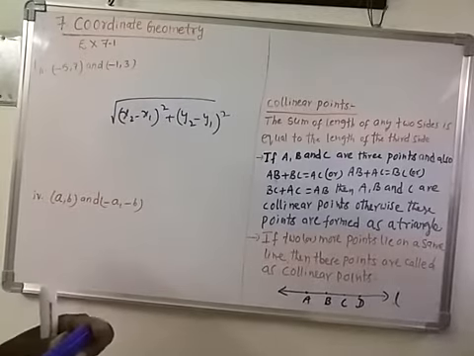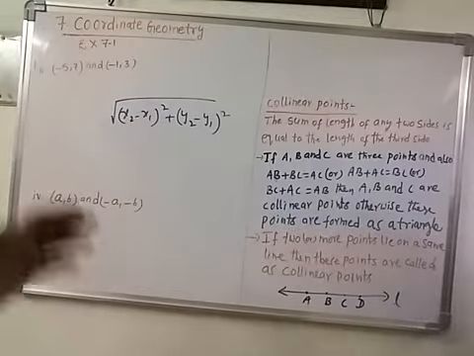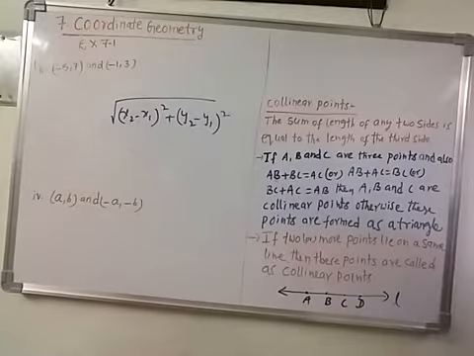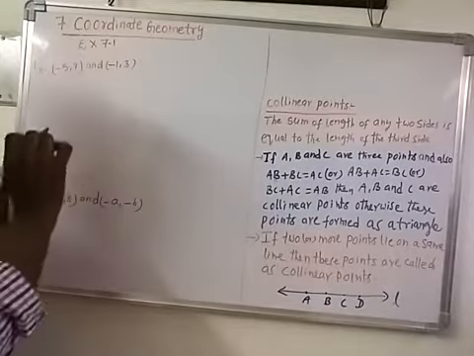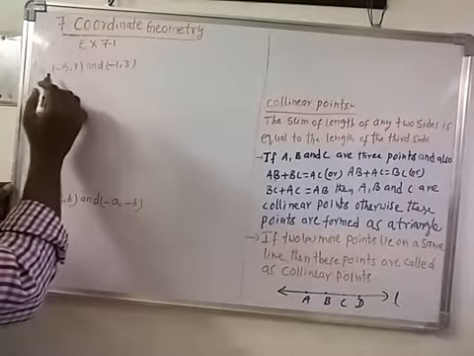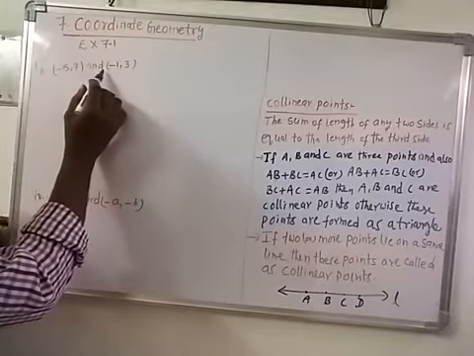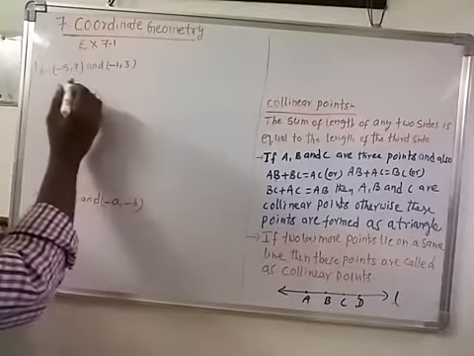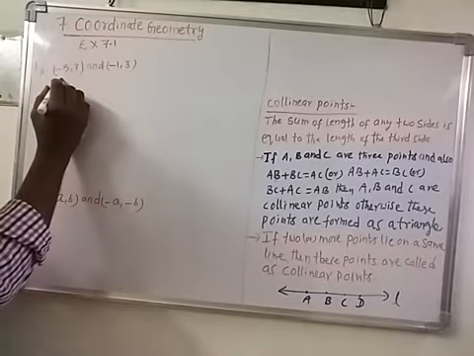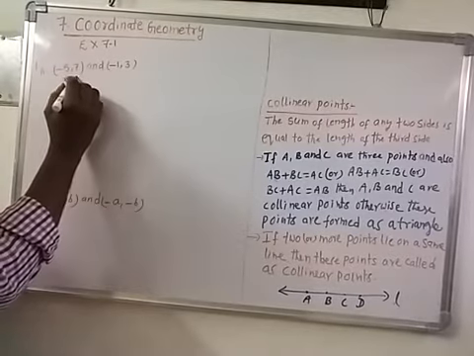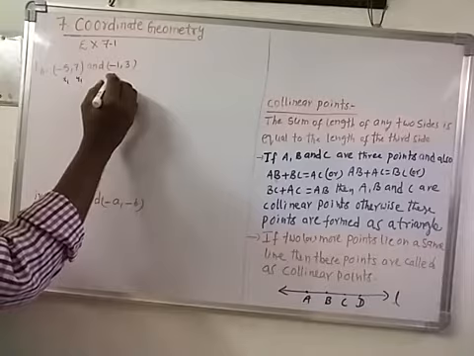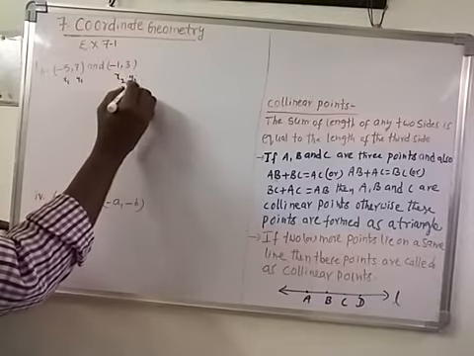Okay, today we continue Exercise 7.1. Now here, find the distance between (minus 5, 7) and (minus 1, 3). So here this point is (x1, y1), this is (x2, y2).